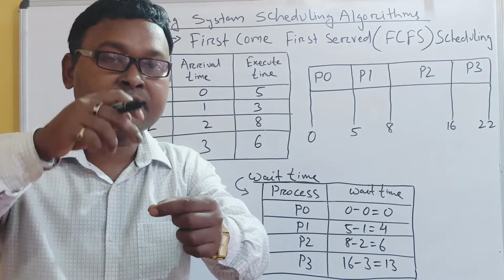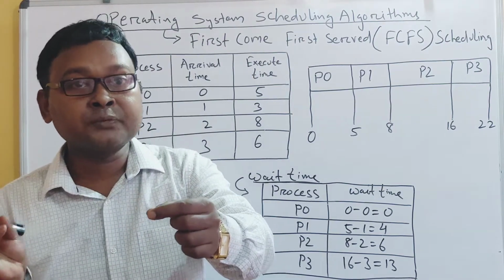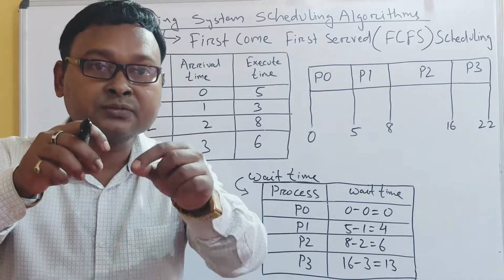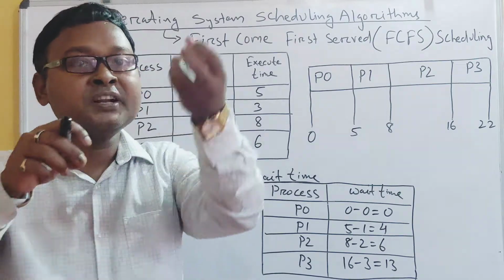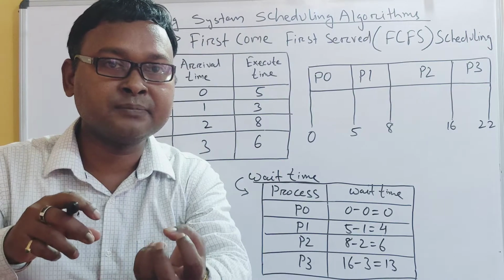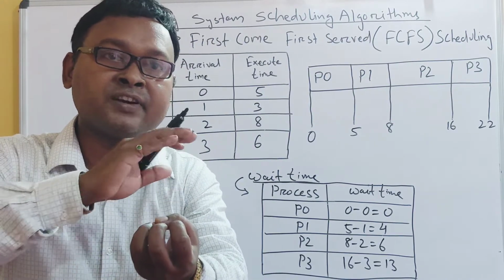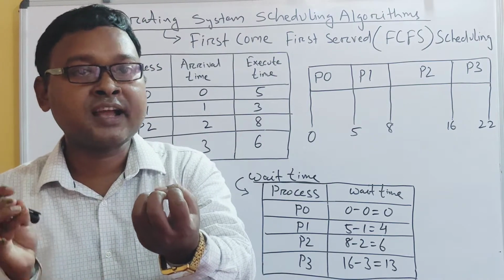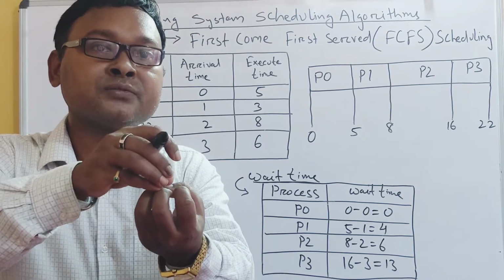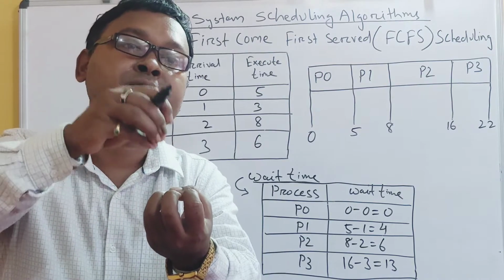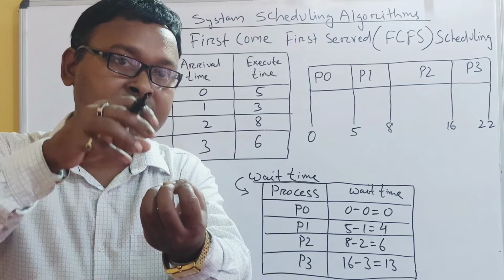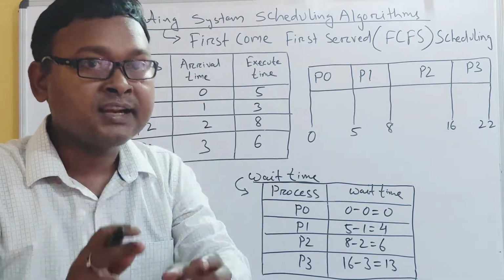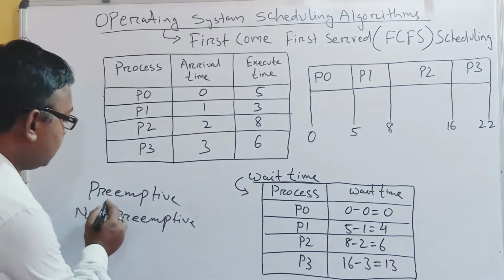The high priority process takes priority and gets executed, and the low priority process is pushed out.